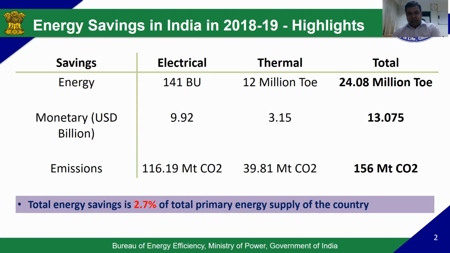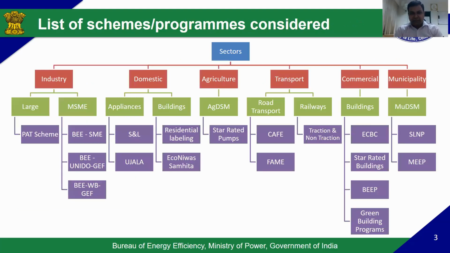The total emission reduction is more than 150 million tons of CO2, and the total energy savings, 24.08, is approximately 2.7% of the total primary energy supply of the country. Next, please. These are the various schemes and programs which have been considered in arriving at the savings I showed in the earlier slide.